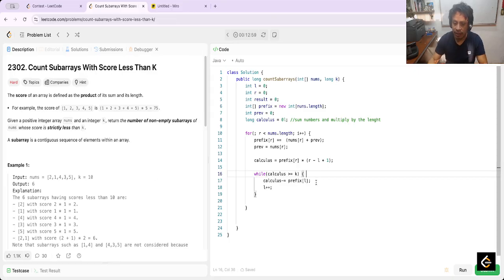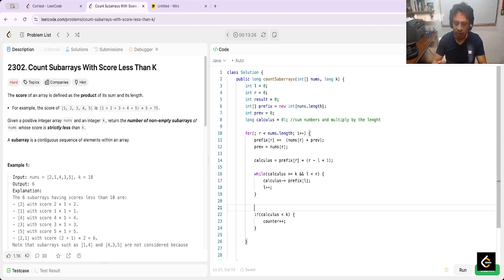I think I need to validate two things here: L is less than R, and not less than or equal, it's only less than. And here ask again if the calculation is less than k, counter plus plus.